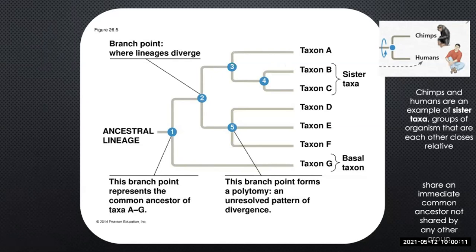That being said, this is why I said that you need to pay attention to context, because the sister taxa of this, obviously being C, is that, but the sister taxa of A, what is that? There it is. It is this entire group of organisms.